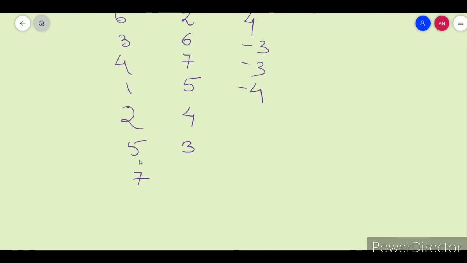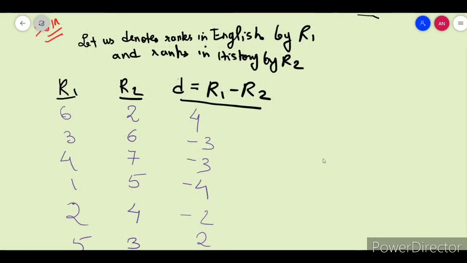Sorry, I forgot this one here. 7, another pair is 1. Difference between 2 and minus 4, minus 2, 2 and 6. And we need to sum all the D squares, take a summation of the D square.